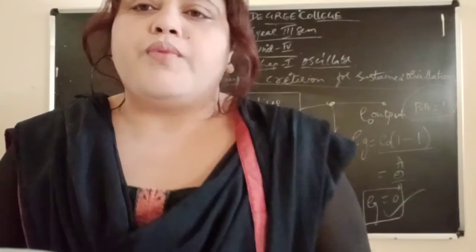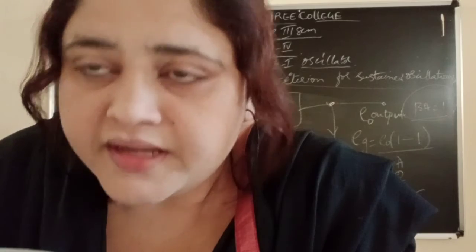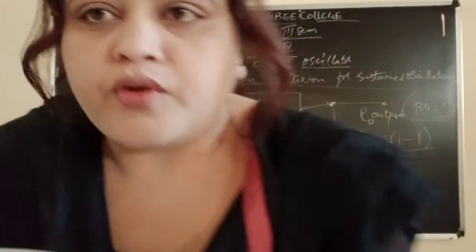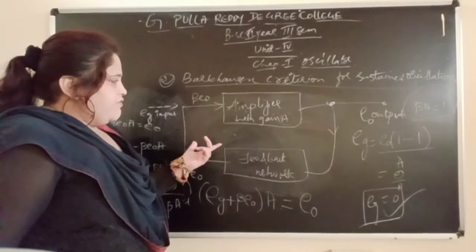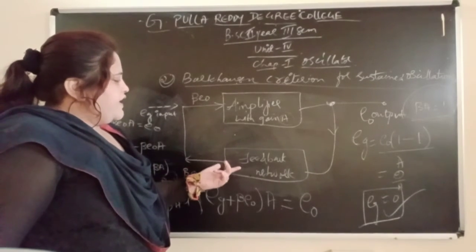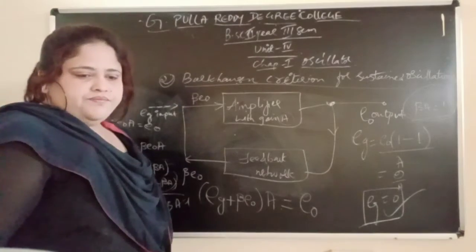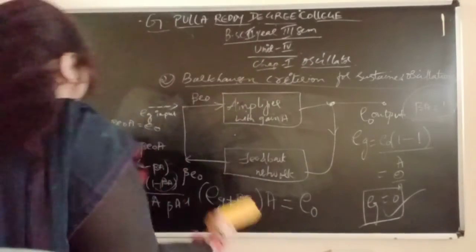We have to prove that the input is becoming 0, and confirm whether it is generating 180 degrees plus 180 degrees or not. For that purpose, we are simply considering an amplifier with gain A and a feedback network, as shown in the diagram on the board.